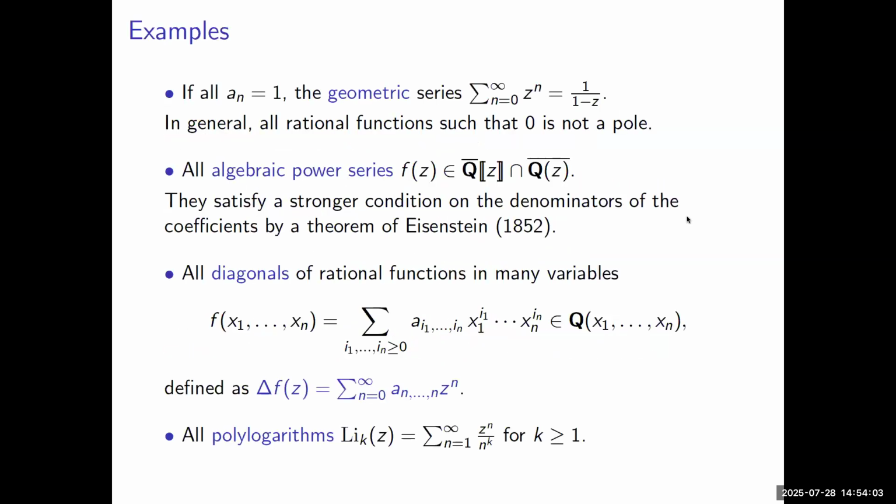Okay, let me give some examples. So we start with the one that motivates the name. So the explanation for G functions is the geometric series. This is Siegel's explanation, and then I will propose a more interesting explanation. So this is an example. In general, all rational functions such that 0 is not a pole.